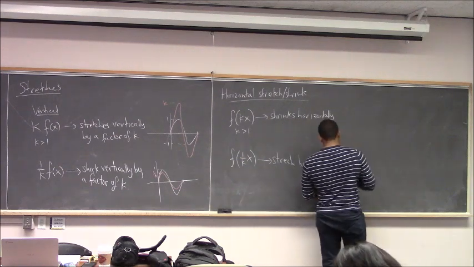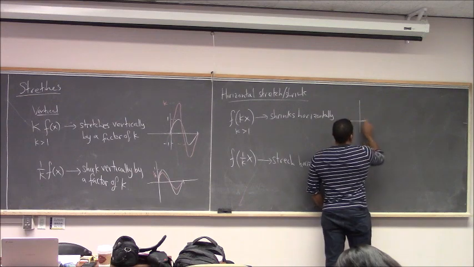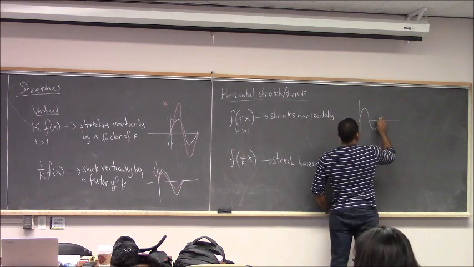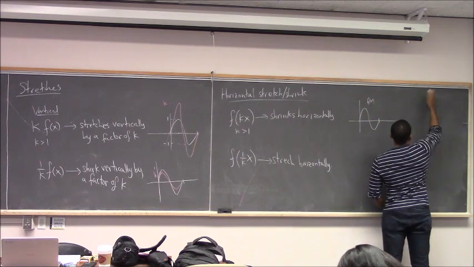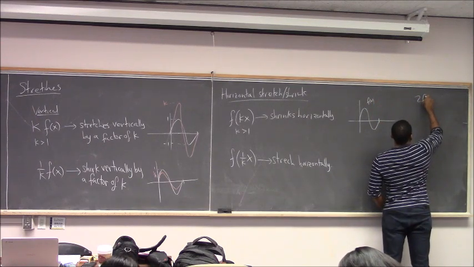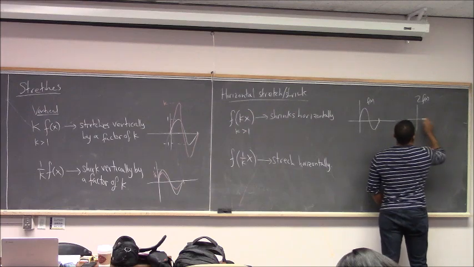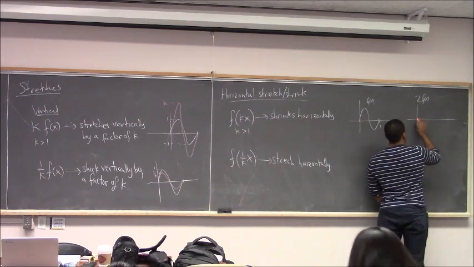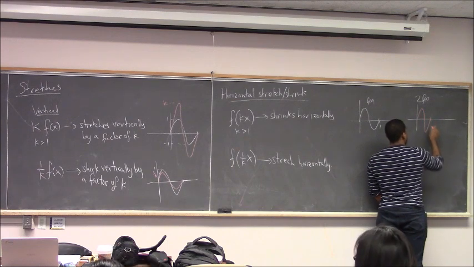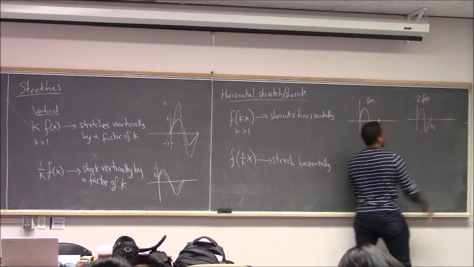So for example, if I had this sort of function here, and so that's f of x, I can look at what f of 2x would look like. Now you multiply by 2, but it'll actually shrink the graph horizontally. So it happens in 1/2 of what it did before.